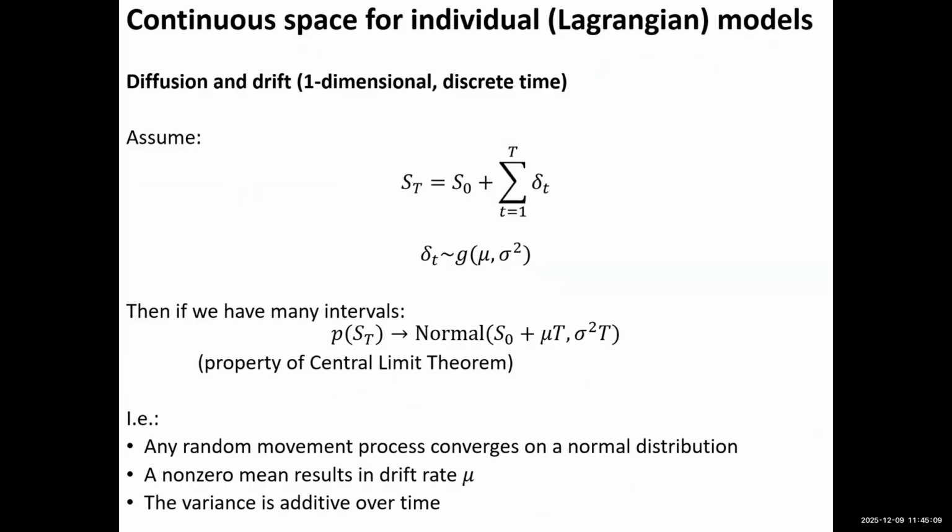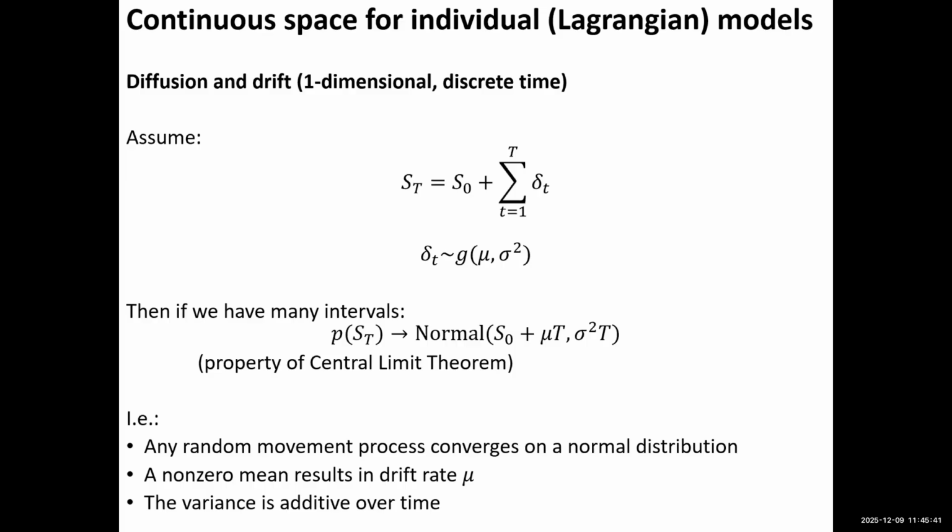In 1D space, in this continuous space, you're treating the location of an animal as the variable of interest. And so an animal will have location S at time t, and it'll start at S0. In the simplest case, if you have equal intervals over time, you've got a bunch of changes in location, delta, that have some unknown distribution G with a drift term.